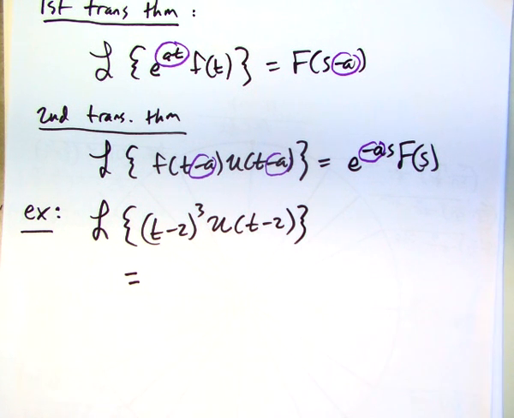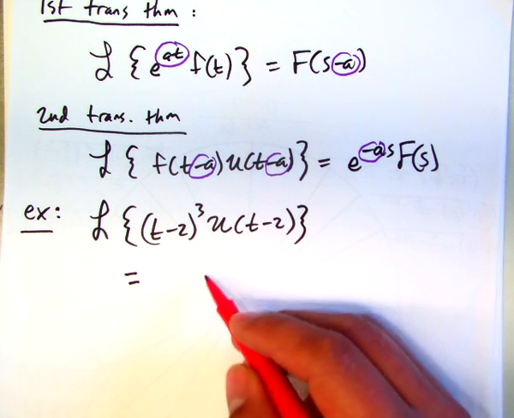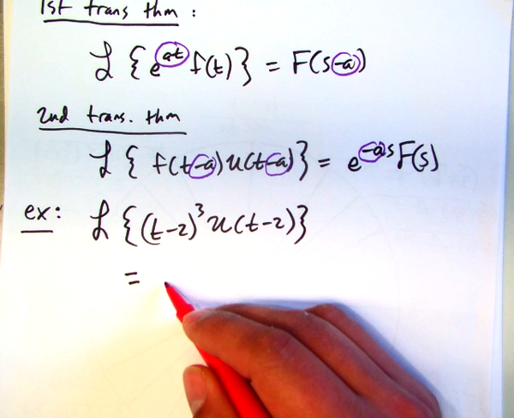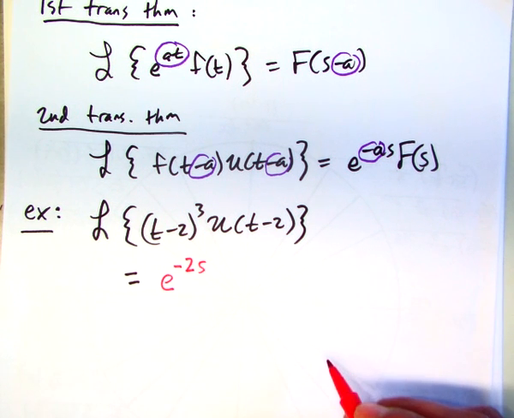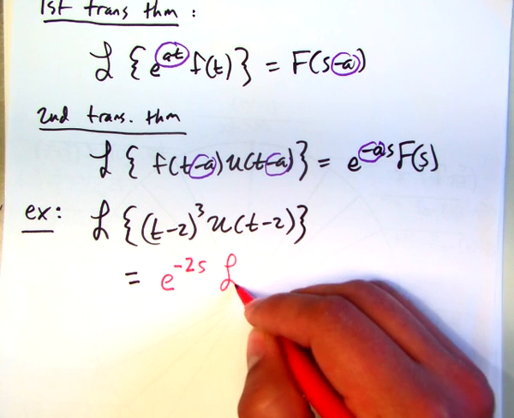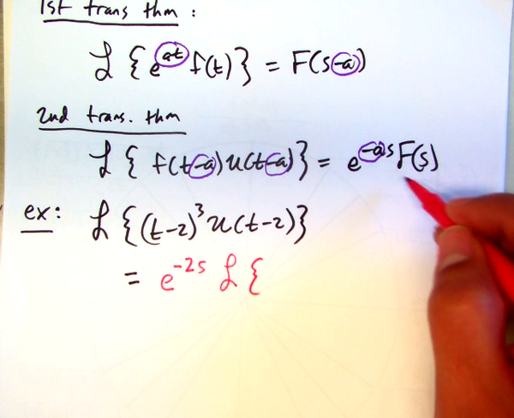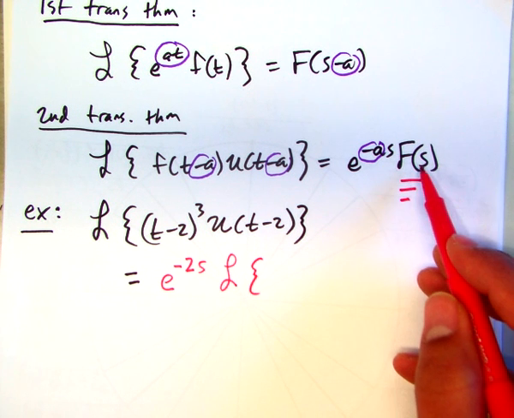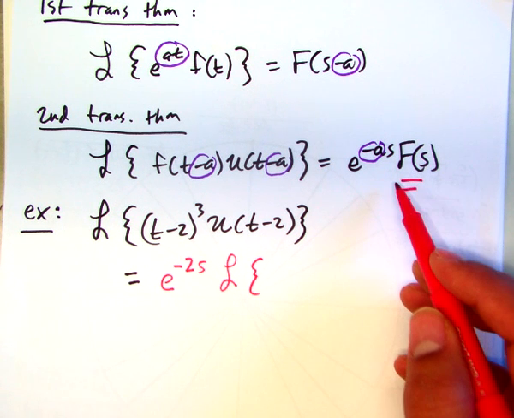So what's the answer here? We're translated, so it'll be e to the minus 2s. And then this is just the transform of, the second part of the theorem says just take the transform of the parent function, right? Which in this case is what? t cubed.